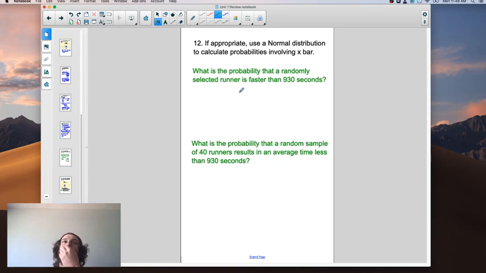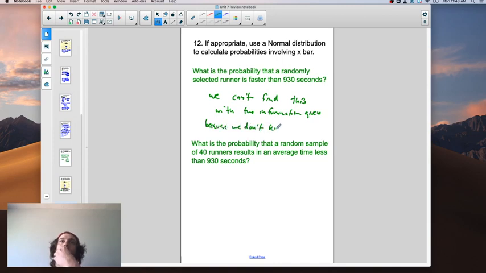What is the probability that a randomly selected runner is faster than 930 seconds? Well, that's what I'm saying. We can't find this with the information given because we don't know the shape of the population distribution.